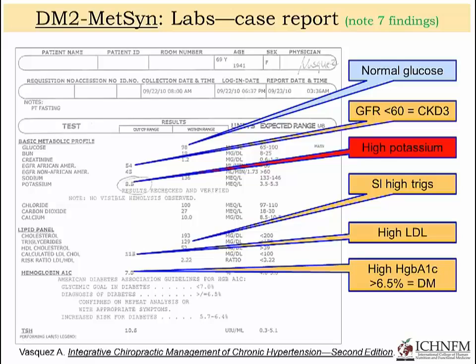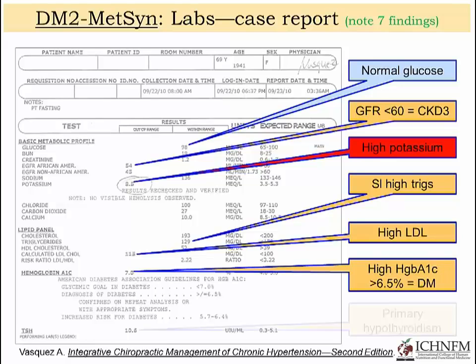Hemoglobin A1C above 6.5% is diagnostic now for diabetes. And so she's definitely diabetic. In our diabetic patients, as I reviewed with you last week, we want to see that their LDL, all of their lipid parameters need to be optimized because they're already at high risk for cardiovascular disease. So in her case, we need to see that LDL below 100, and it's at 115.